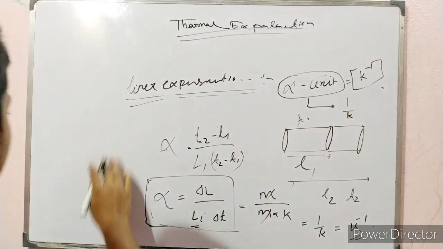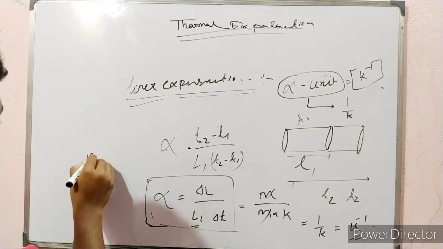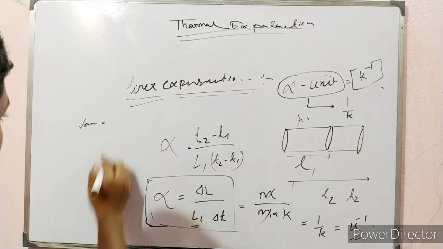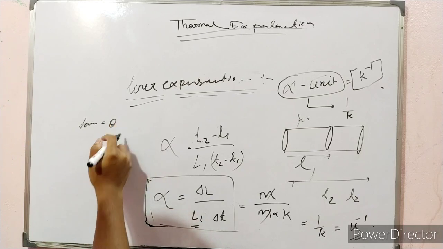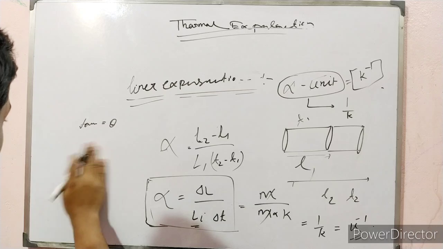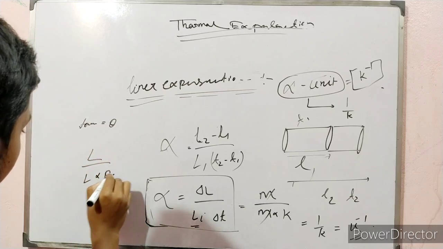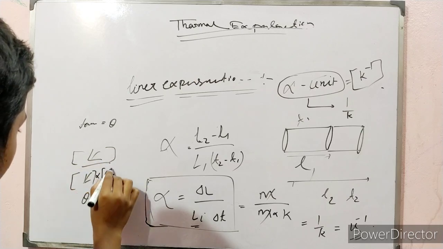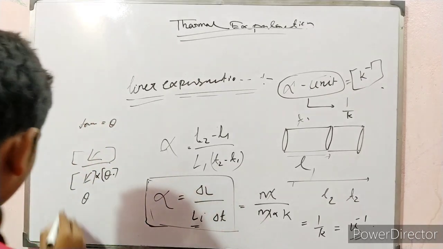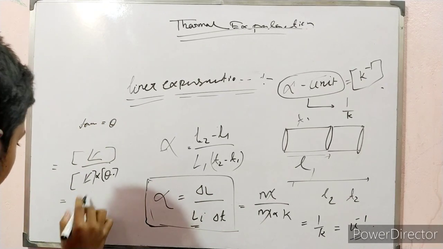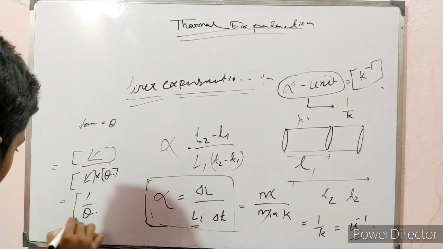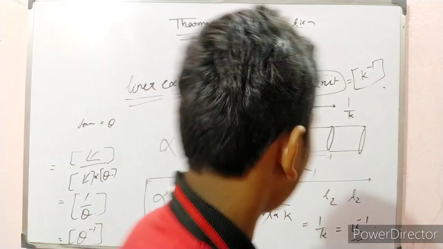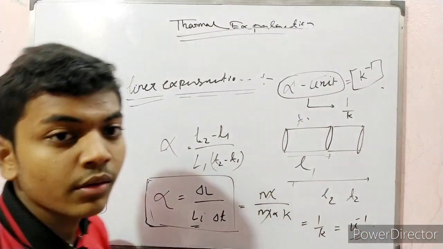The change in temperature is theta, so delta L by L into theta, the lengths cancel, so the dimension is 1 by theta, which means theta inverse. I hope it is clear.